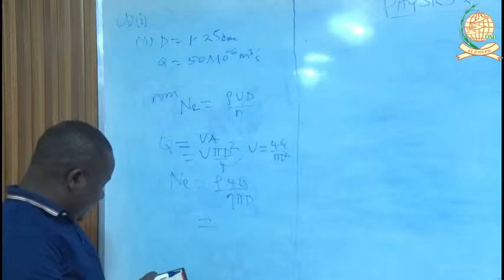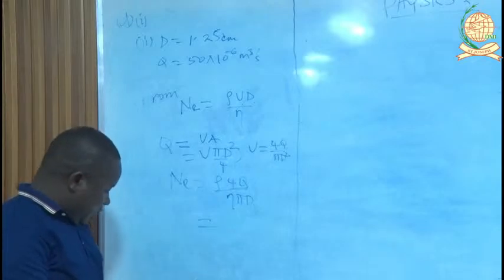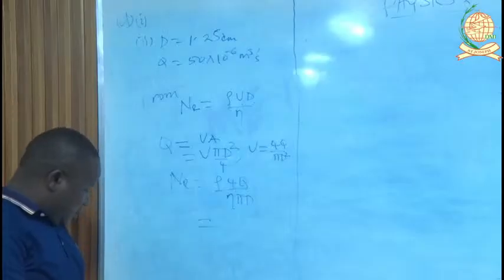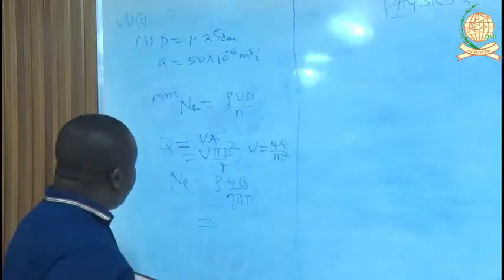What is the viscosity of water? From the first page, viscosity of water is 0.01.